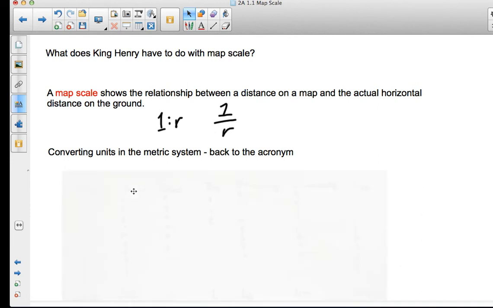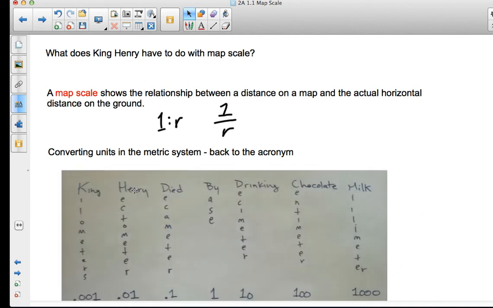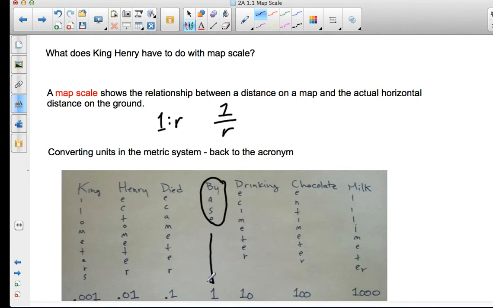Now, to get a really good sense of map scale, you have to think back about the acronym King Henry died by drinking chocolate milk. That's one easy way to remember how everything fits in the metric system. We start with our base unit, like 1 meter. In 1 meter, you have 10 decimeters, so I multiplied by 10.